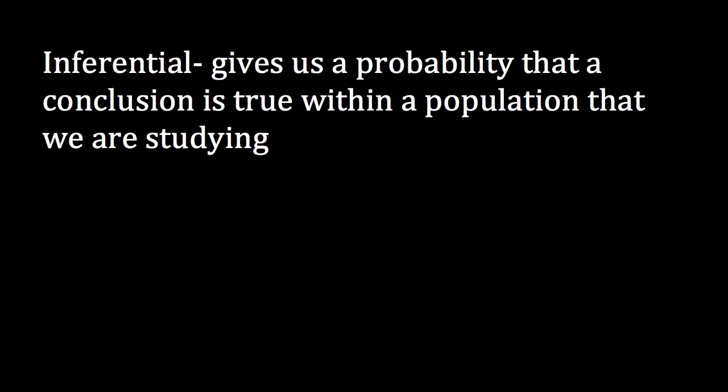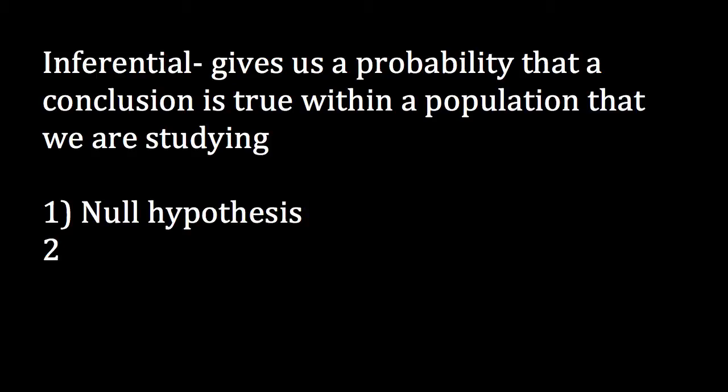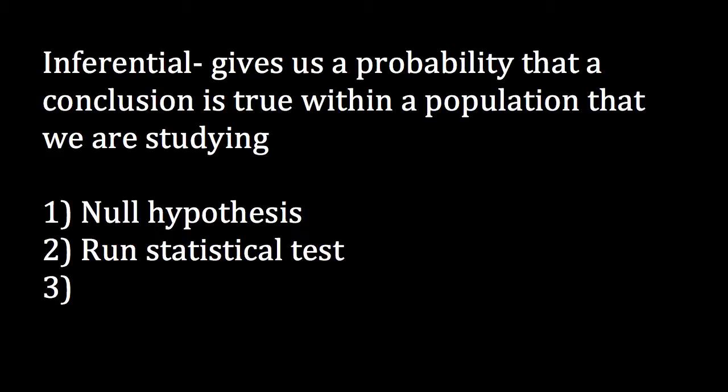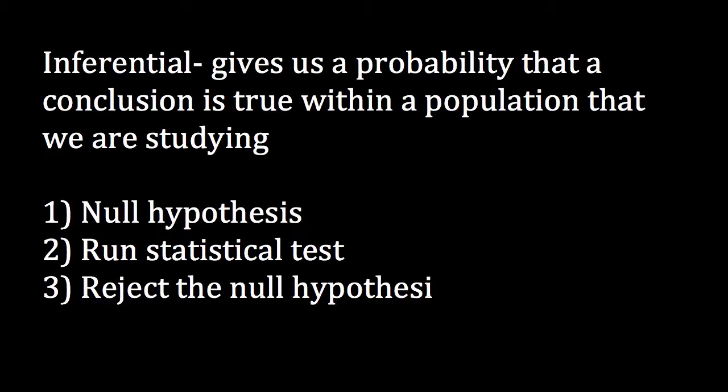The basic process in inferential statistics starts out with defining the null hypothesis. The next step is we run a statistical test. This is going to give us some test statistic, which will eventually convert to a p-value, and then you can reject the null hypothesis if the p-value is less than the alpha.